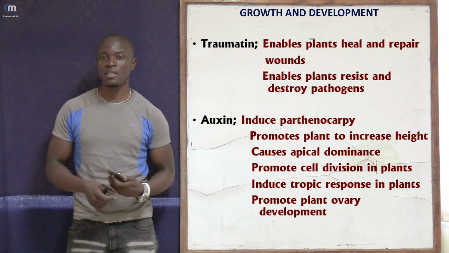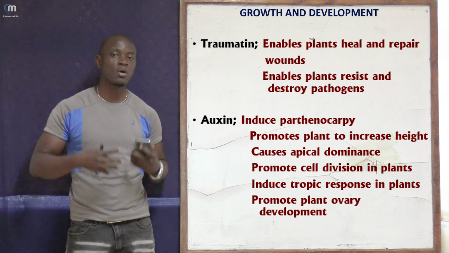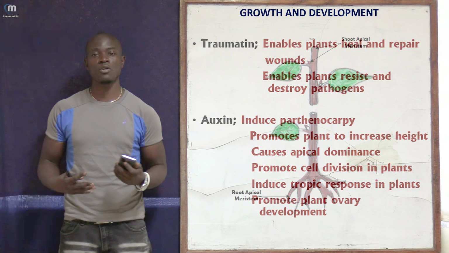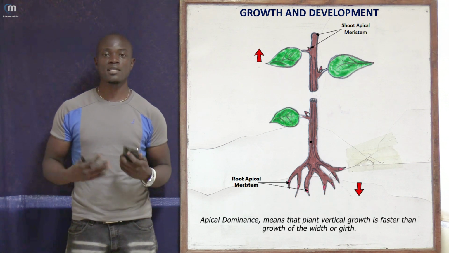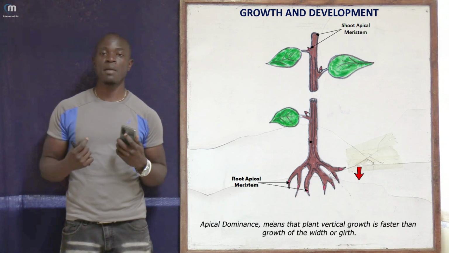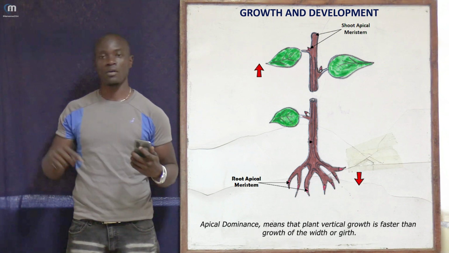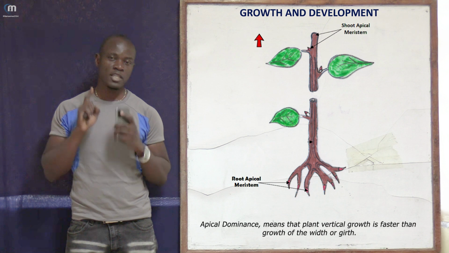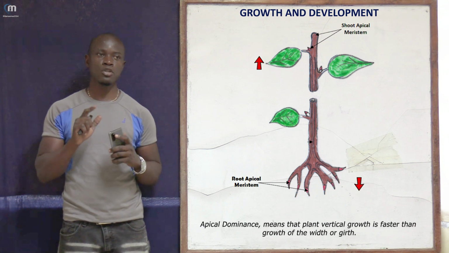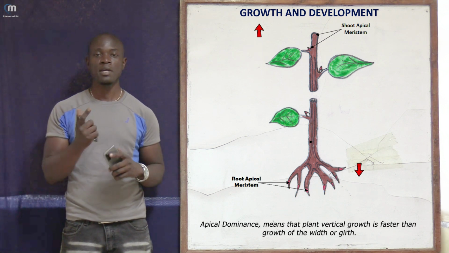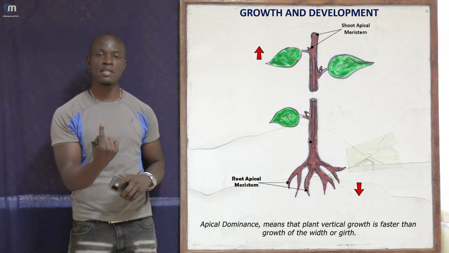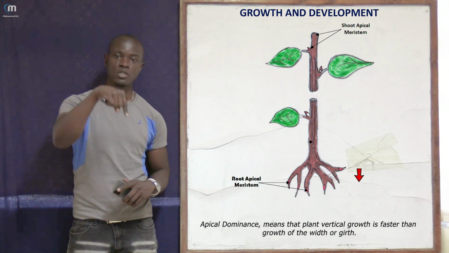Apart from that, you can say that auxin also causes apical dominance. For apical dominance, remember, the apical meristems are found on the top side, on the shoot, and on the root region. For the shoot side, it facilitates the plant to grow upwards, and for the root downwards.